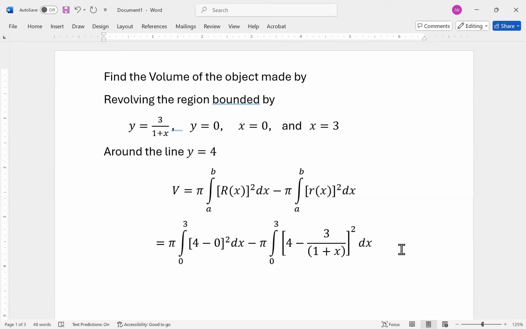Now, in this case, my final answer is not a nice rational number. This 3 over 1 plus x throws off the numerical value I get.